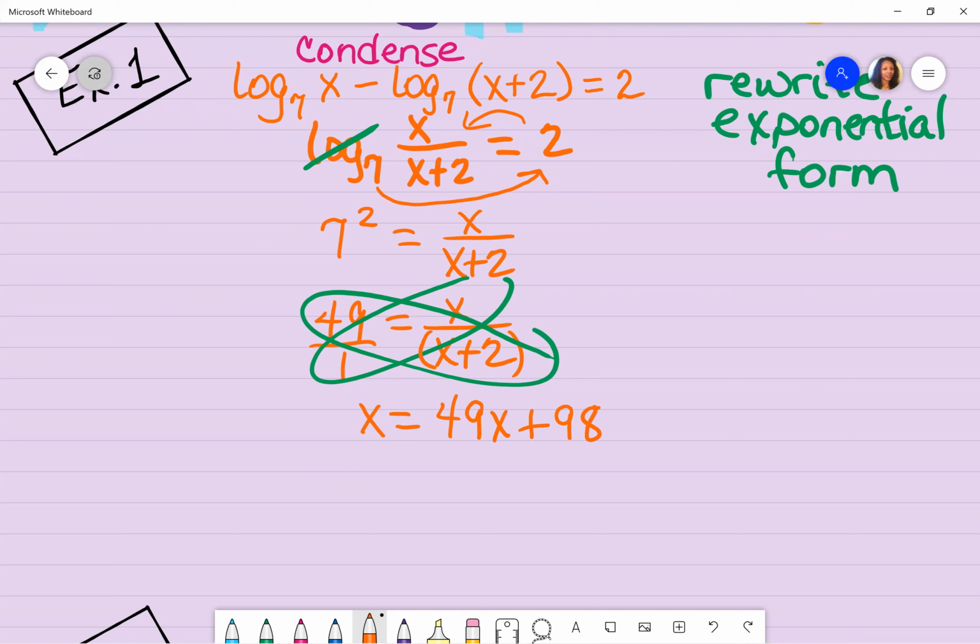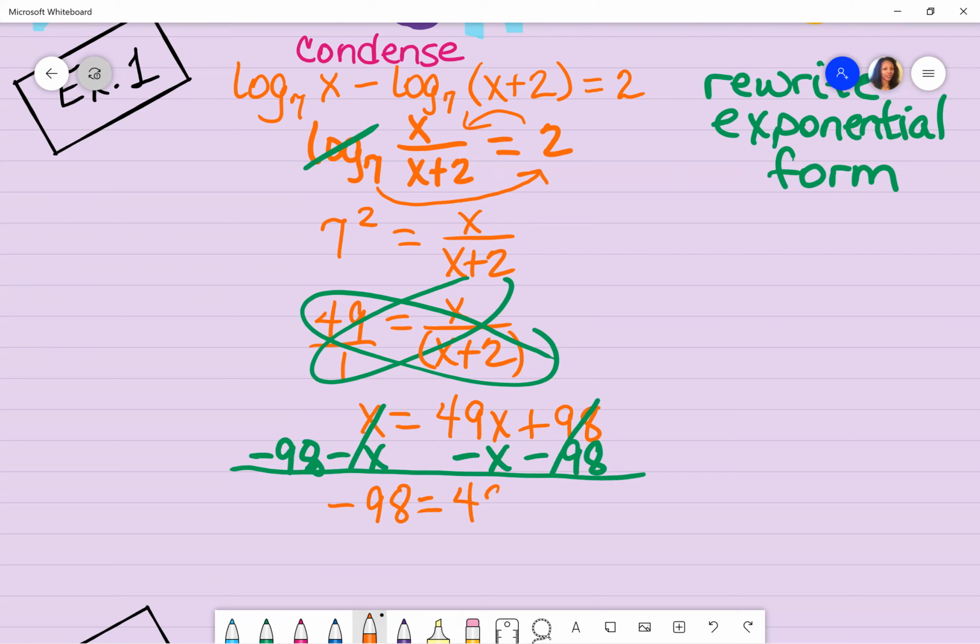Now simplifying, I want to subtract x on both sides, and I also want to subtract 98 on both sides. The reason I'm doing that is because I'm putting all of my variables on one side and all of my constants on the other side, which leaves me with negative 98 is equal to 48x. And I'm still solving for x.